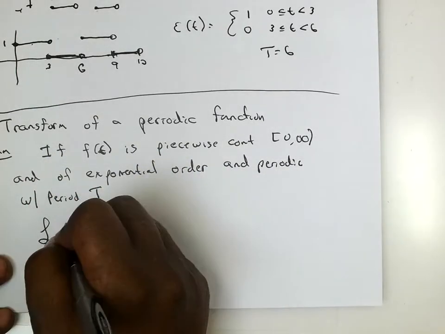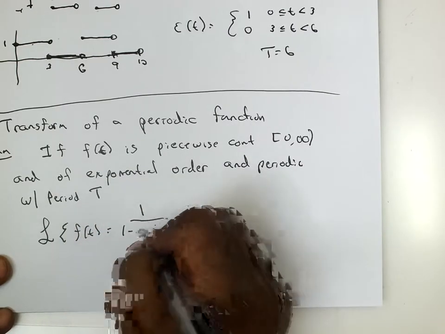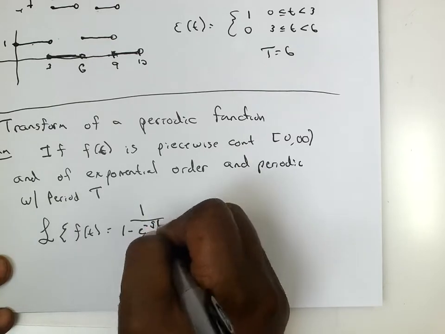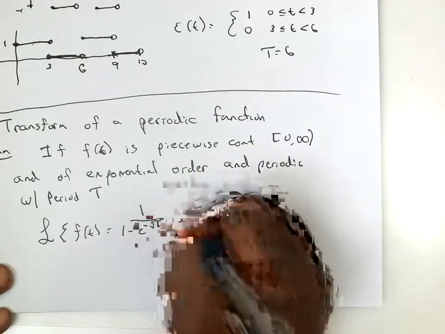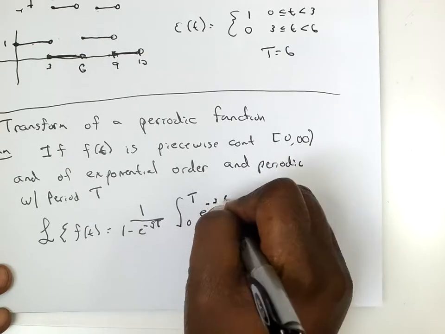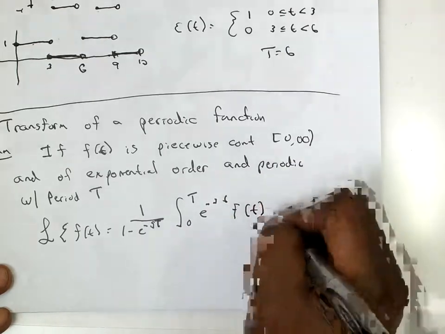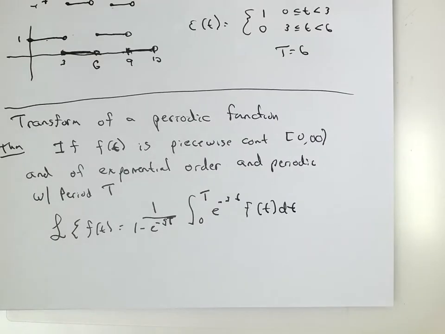The Laplace transform of f of t is 1 over 1 minus e to the negative sT, and that T is the period, times the integral from 0 to capital T of e to the negative st f of t dt. So for these periodic functions, we're only going to integrate from 0 to T because that takes us one complete cycle, and this is what the integral is set up as.